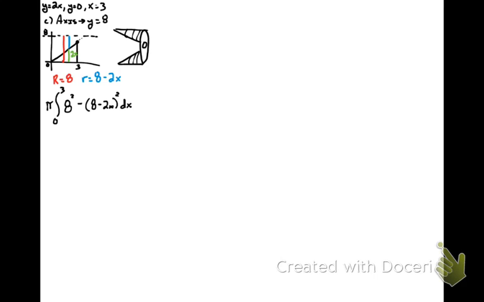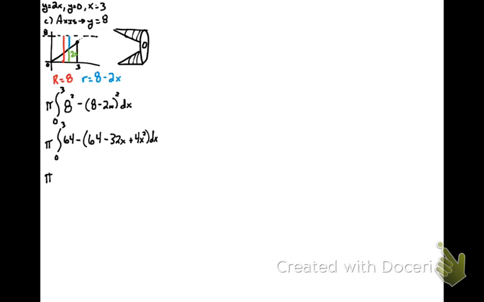And if we clean our integral up just a bit, we'll have the integral from 0 to 3 of 64 minus, this will be 64 minus 32x plus 4x squared dx.